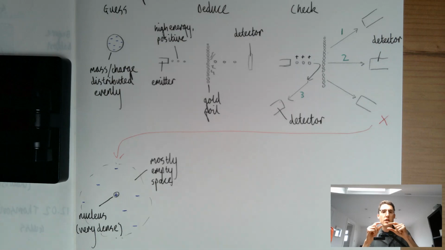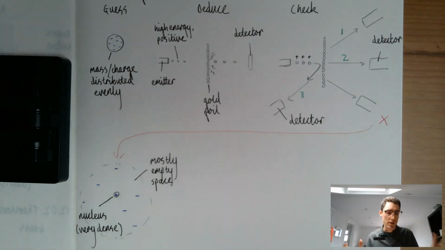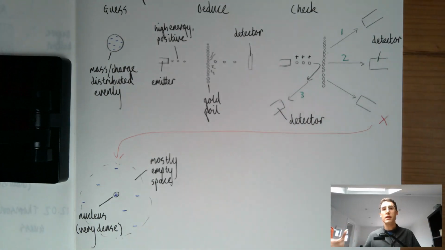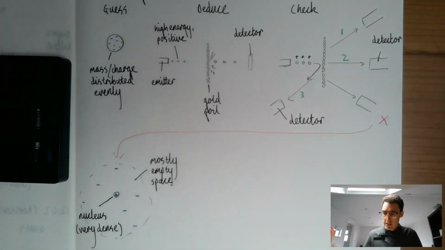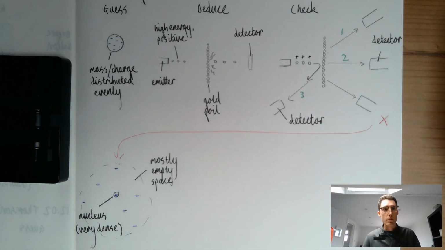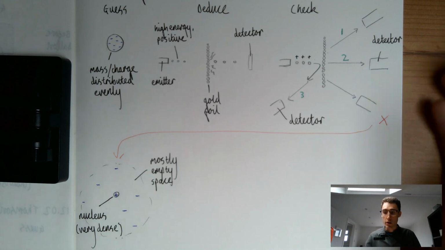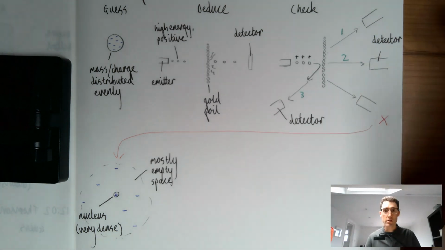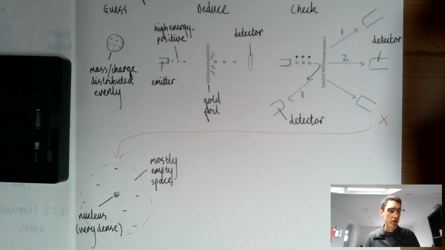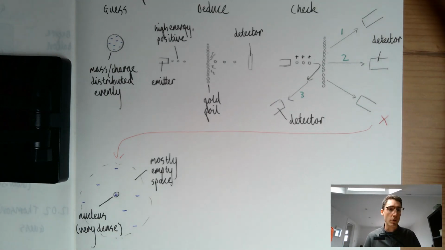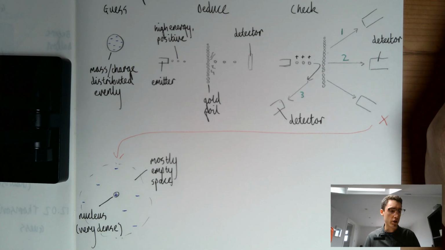If you break that down enough, that must be made of these solid little balls of matter. So this is why I think exam boards think this experiment is so important, because it provides a really nice illustration of the power of the scientific method, guess, deduce, check, to challenge the way we think about the world and lead us to know more about it than we could possibly do just by relying on intuition.